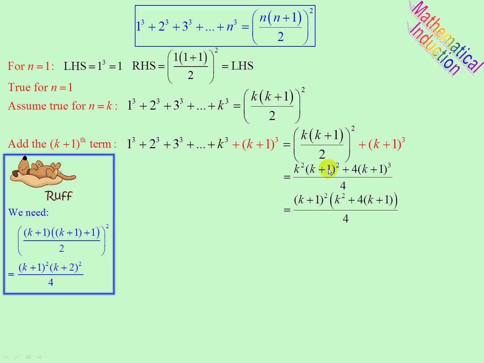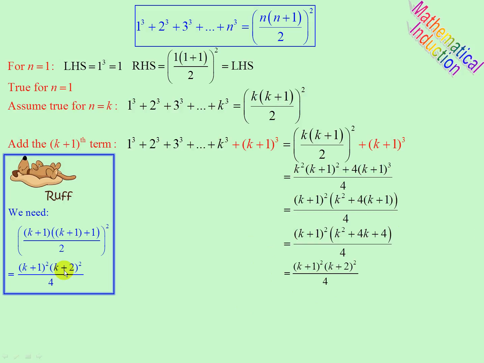So k plus 1 squared comes out, you're left with a k squared from there, and you're left with the 4 times k plus 1 from there. Simplifies to that, and I'm seeing the light, because there's our k plus 1 squared, and have a look, k plus 2 squared, k squared plus 4k plus 4. There we are.